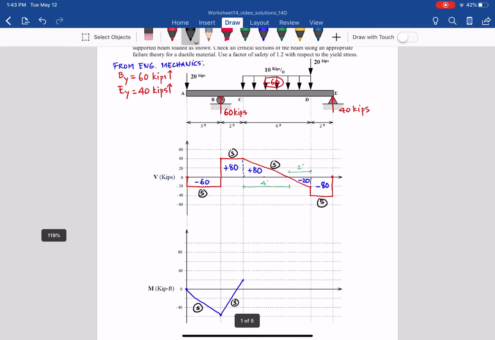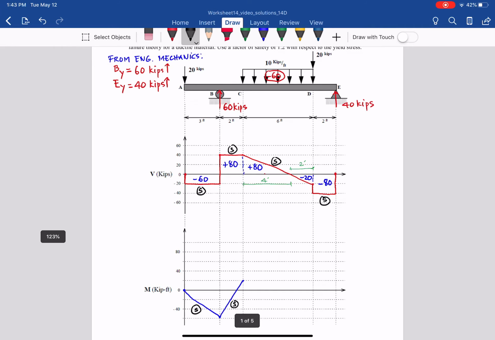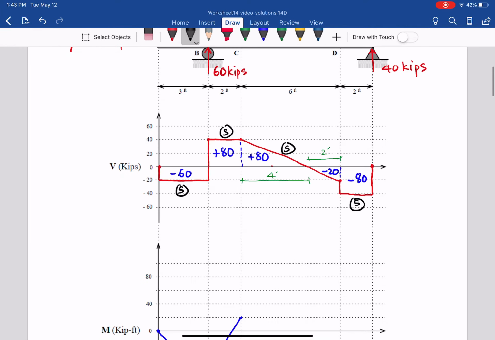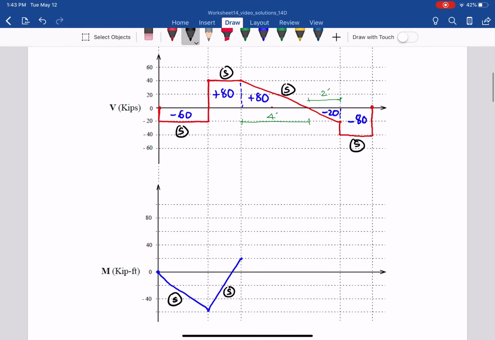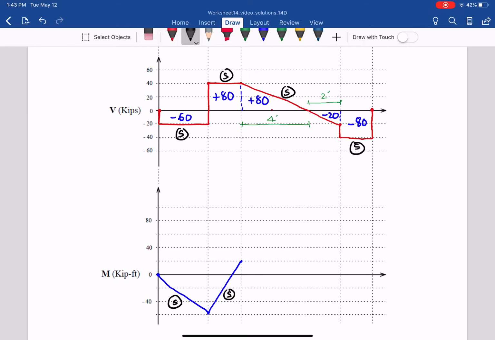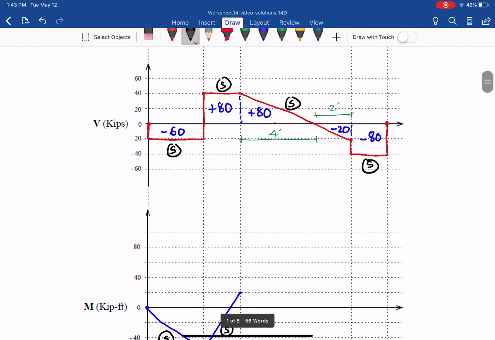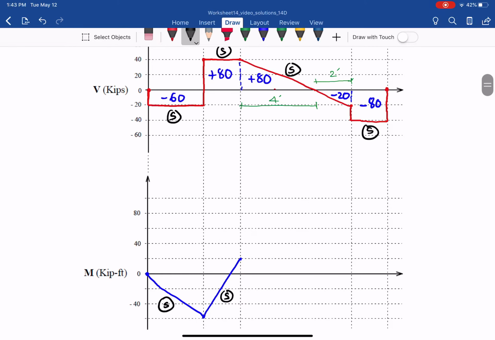And between C and D, it's a uniform distributed load, straight on the shear diagram, and it will be parabolic on the moment diagram. As you can see, it goes 20 plus 80 until 4 feet from point C, so we have 100. Let's mark that line here, the critical line.